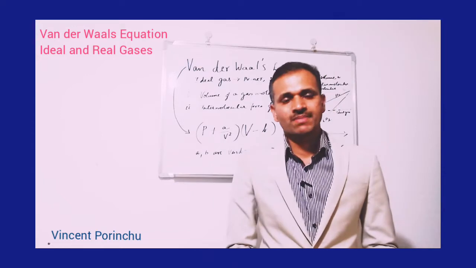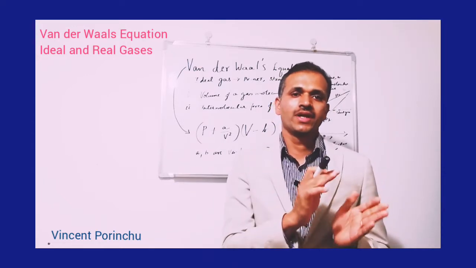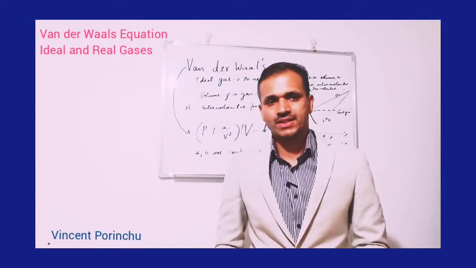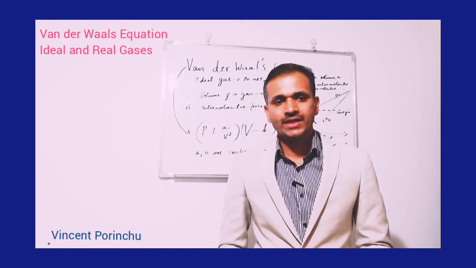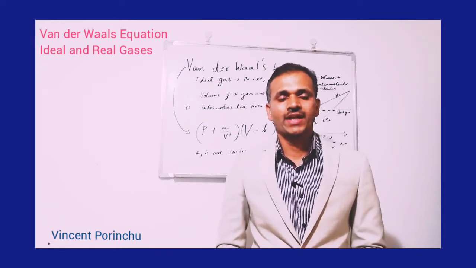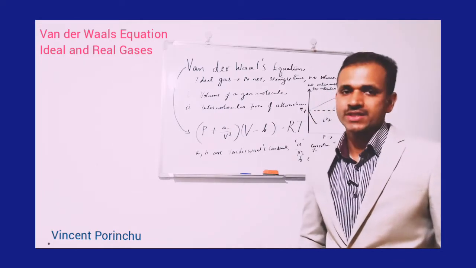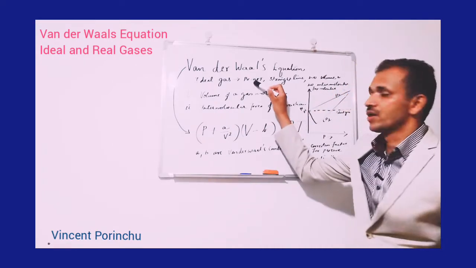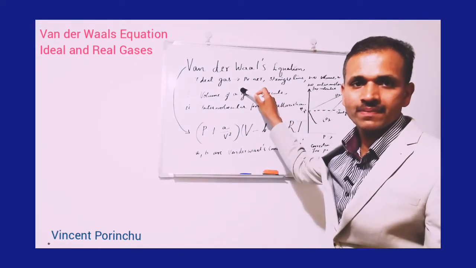So I would like to summarize some points between ideal gases and real gases. Ideal gases always obey the equation PV equal to nRT at all conditions of temperature and pressure.